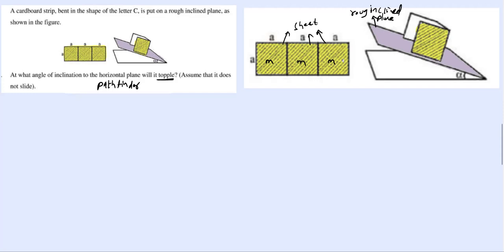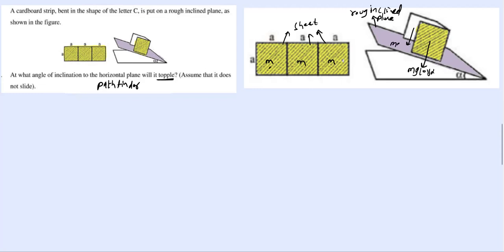Fine. Now, what about the forces that are going to act? We should get familiarized with the forces. The weight of this will act, Mg cos alpha. The weight of the other one also will act.